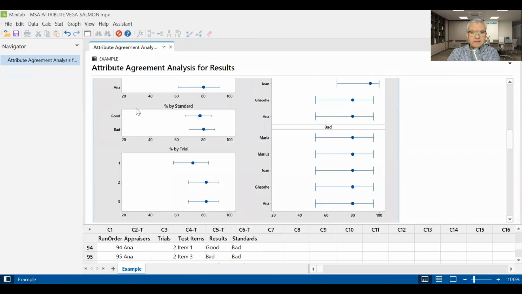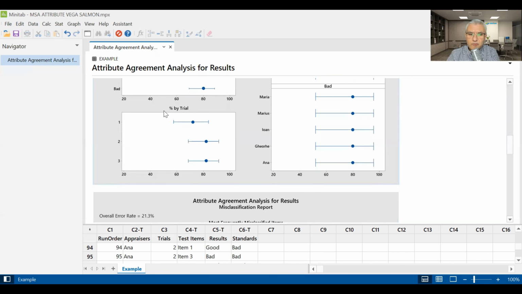What graphs do we have here? Percentage by standard, good and bad. So good were rated only 77% as being really good. Bad, 80% of measurements were rated correctly. And we also have percentage by trial.